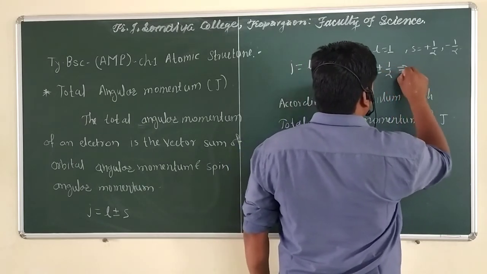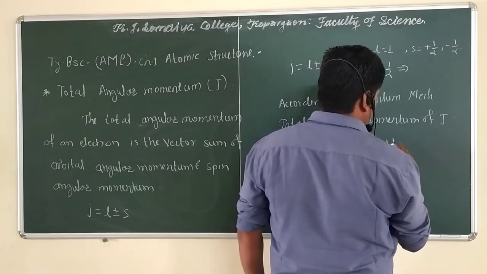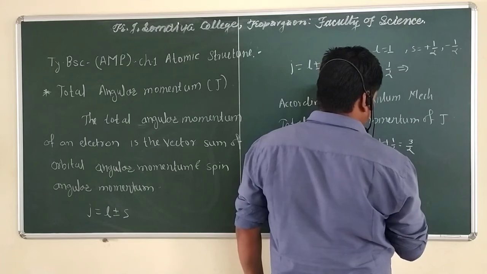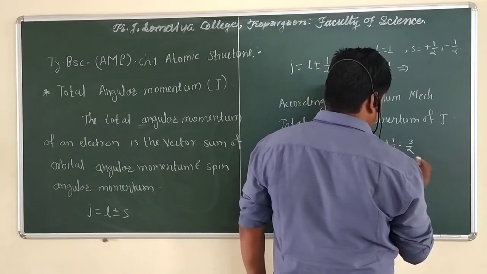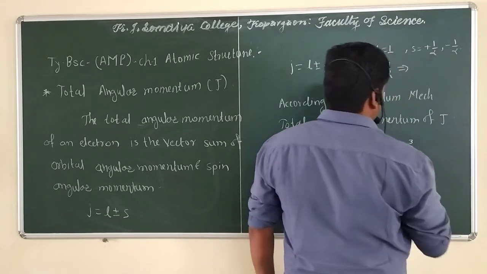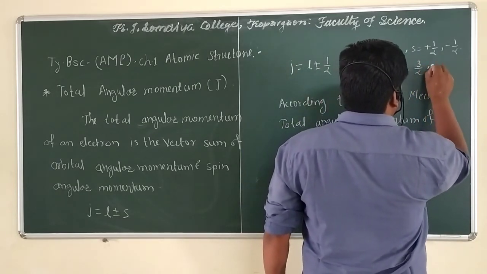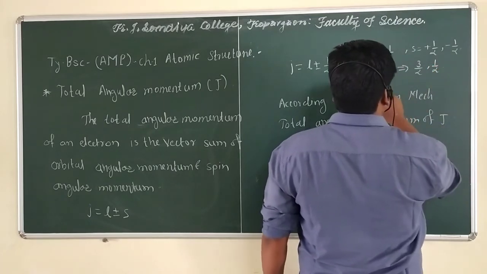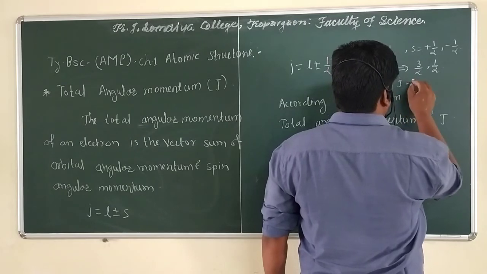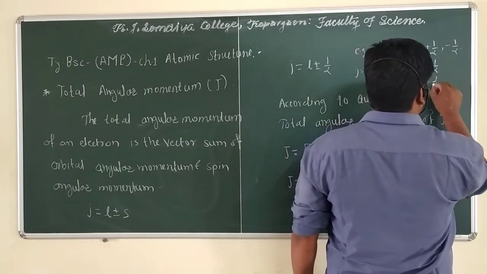So 1 plus half is 3 by 2, and 1 minus 1 by 2 is 1 by 2. So the possible j values are 3 by 2 and 1 by 2.